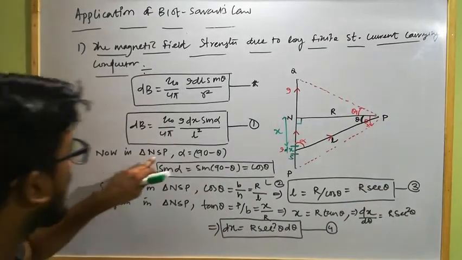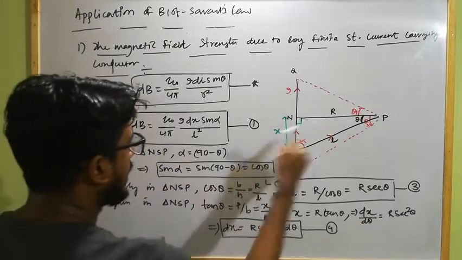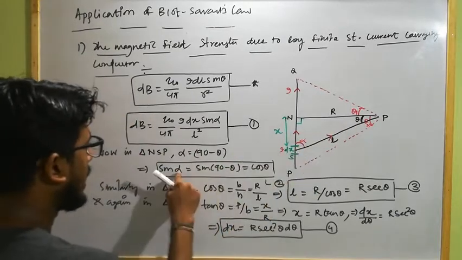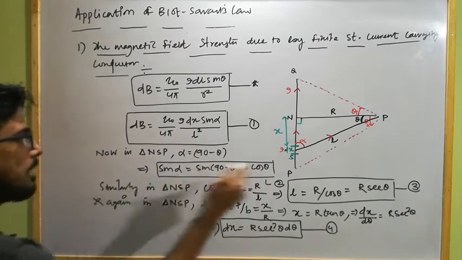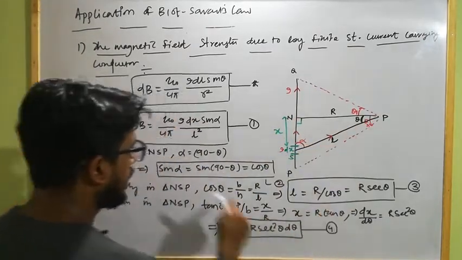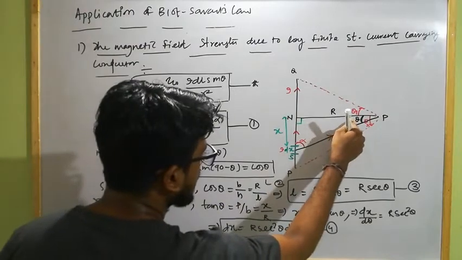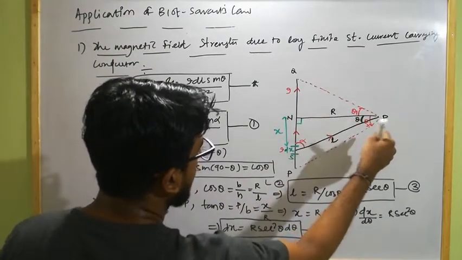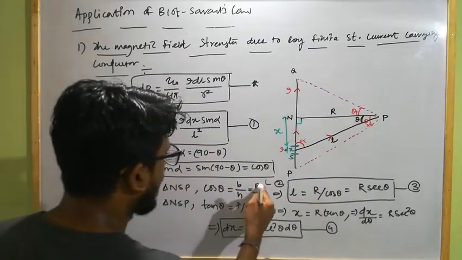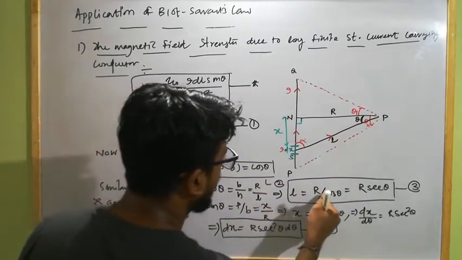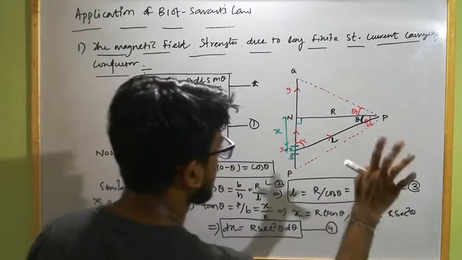So in triangle NSP, alpha equal to 90 minus theta, so sin alpha equal to cos theta. Equation 2. And similarly in the triangle NSP, cos theta is B by H, that is R by L. This implies L equal to R by cos theta, or R sec theta.